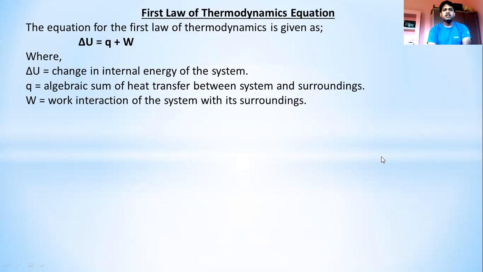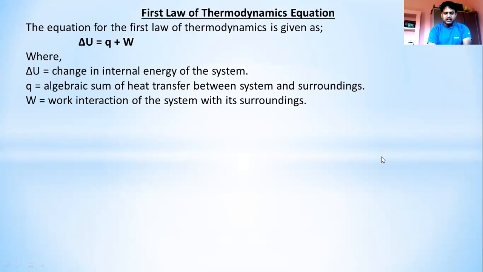Change in internal energy, that is U2 minus U1, will be written as delta U. So delta U equals U2 minus U1, and that is Q plus W. That means Q is the algebraic sum of heat transferred between the system and surroundings, and W is the work interaction of the system with the surroundings. Understood?